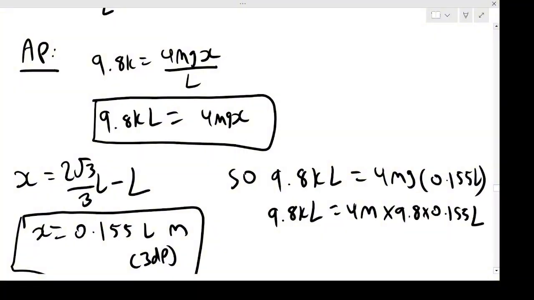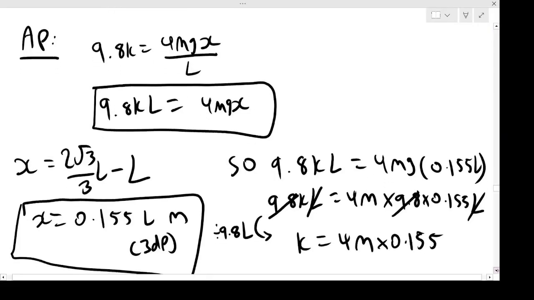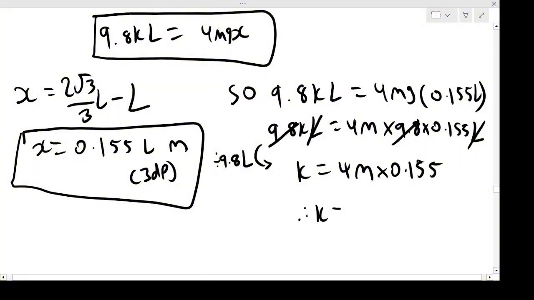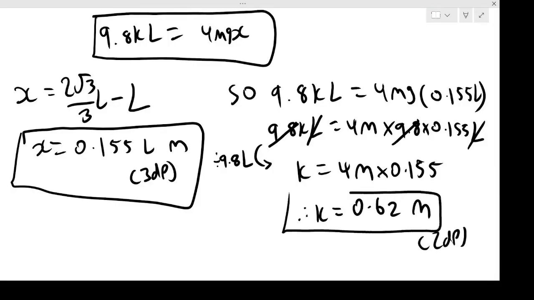Now what I can do, I can actually divide by 9.8 lots of L. So I can cancel out 9.8 and L from both sides. So that means I just get K to be 4M times 0.155. And so there we are. We can then deduce that K is going to be 0.62 lots of M. And that is my answer. So the mass, which is K, is now in terms of M here. Okay. And there we are.